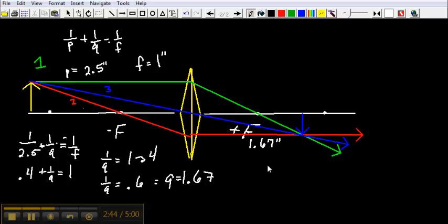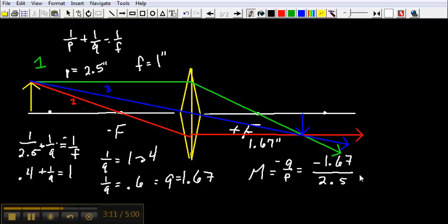The next thing we'll do is magnification. Magnification is equal to negative q over p as the equation, just like we had for mirrors. So if I said negative 1.67 divided by p, which was 2.5, that comes out to about 2/3, right?